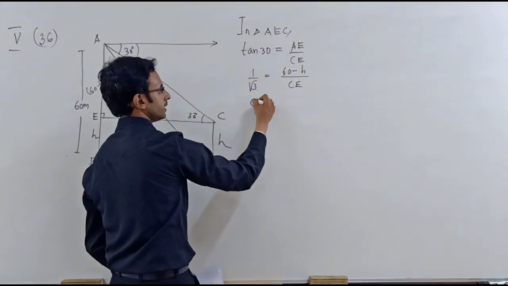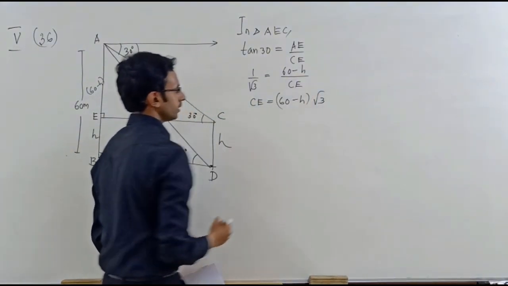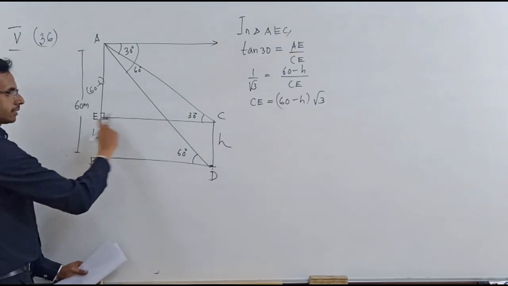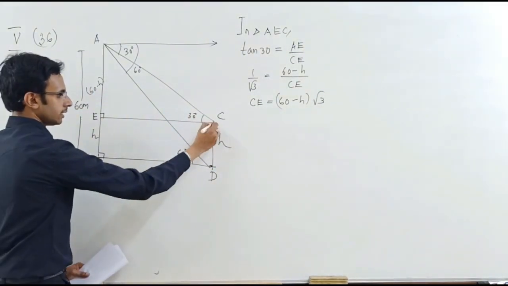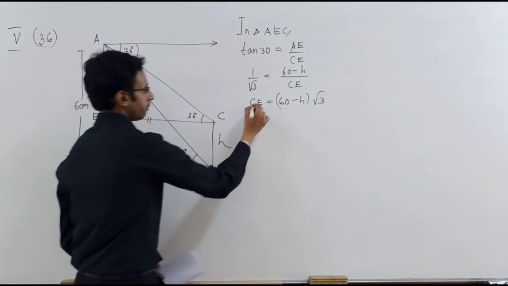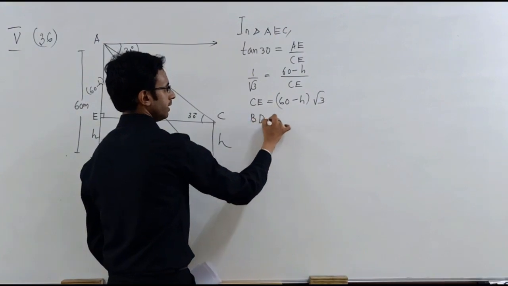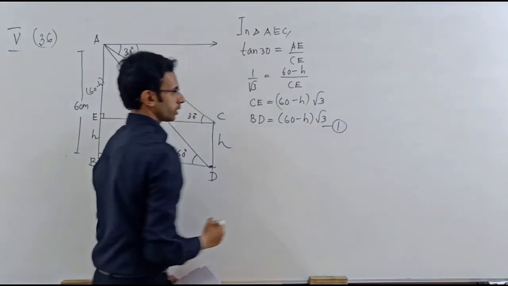Cross multiply, you get CE is equal to 60 minus h times root 3. And if you look in this rectangle, opposite sides are equal. So CE should be equal to BD. So this length is equal to this length. In place of CE, I can replace with BD. So this will be your first equation.